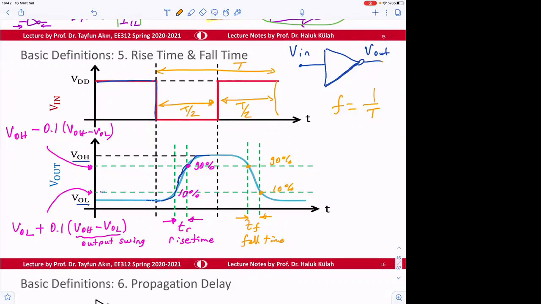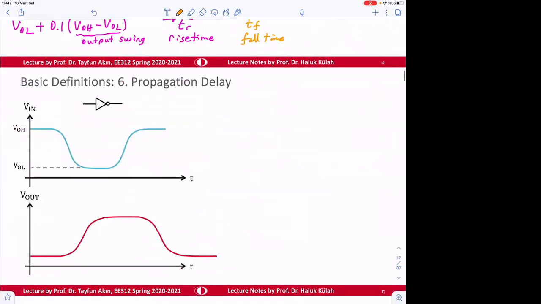the output of this is going to go to another inverter. So this output is going to be the input for the next inverter. But the input to the next inverter is not so sharp. So we cannot really use this 10% to 90% definition now, okay? So if the signal is coming here from another similar inverter, okay?